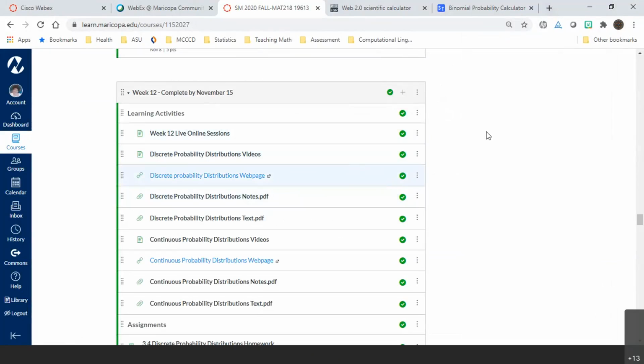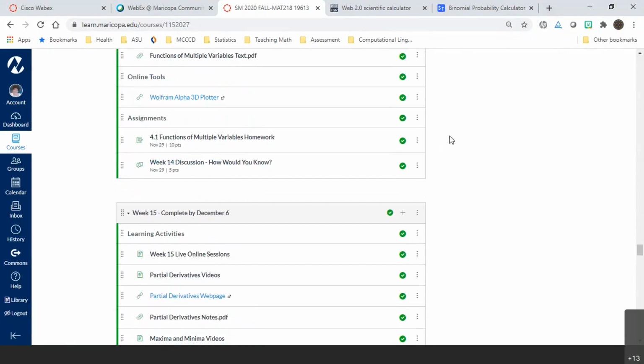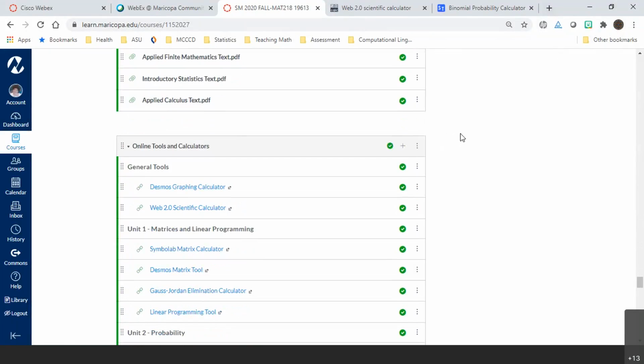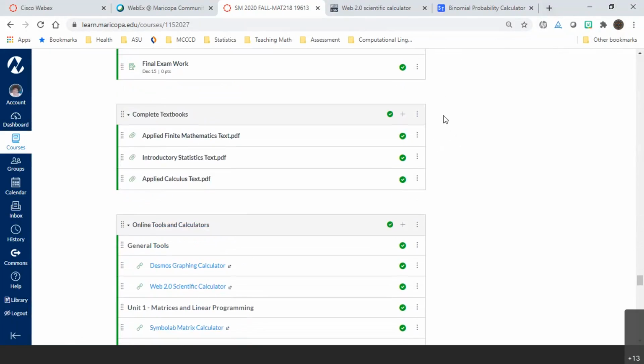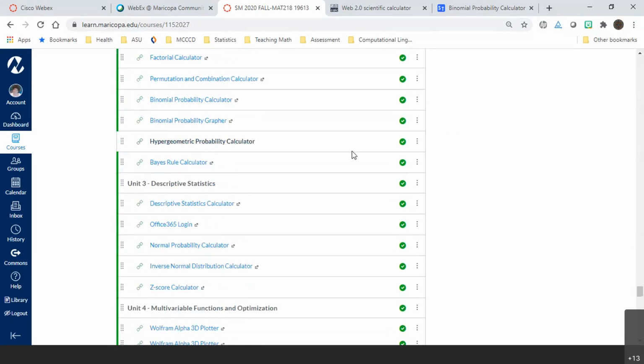Here's our course. Remember what I did? I created a separate module down here for you with all the online tools and calculators. It's under the final exam and textbook stuff, and I organized it by topic. Over here we've got the binomial probability calculator and the hypergeometric probability calculator.